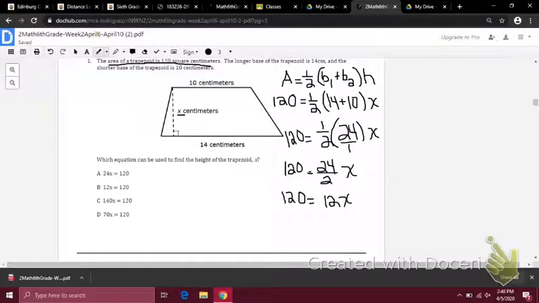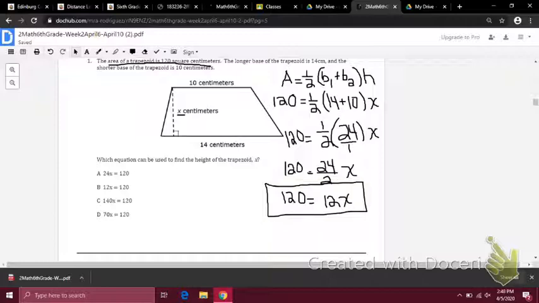Stop right here, because right here you have the equation that they're looking for. My equation for this problem says 120 equals 12x. That is, 120 equals 12 times the value of the height.